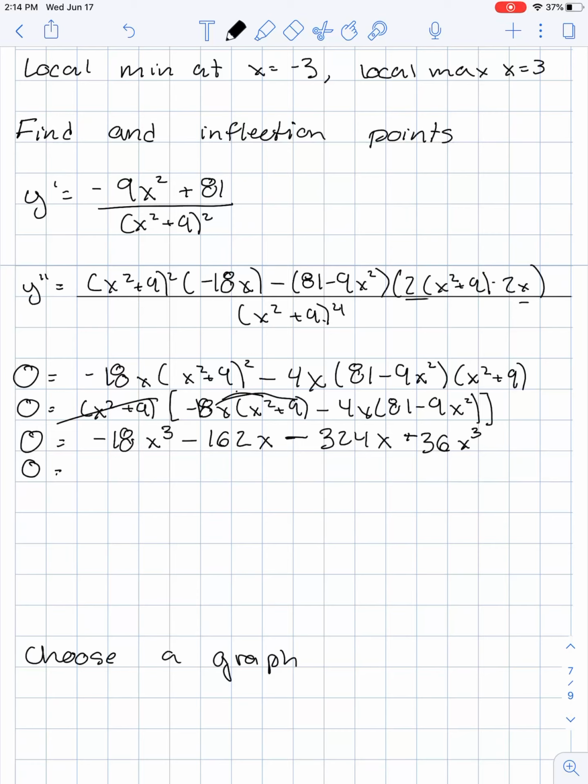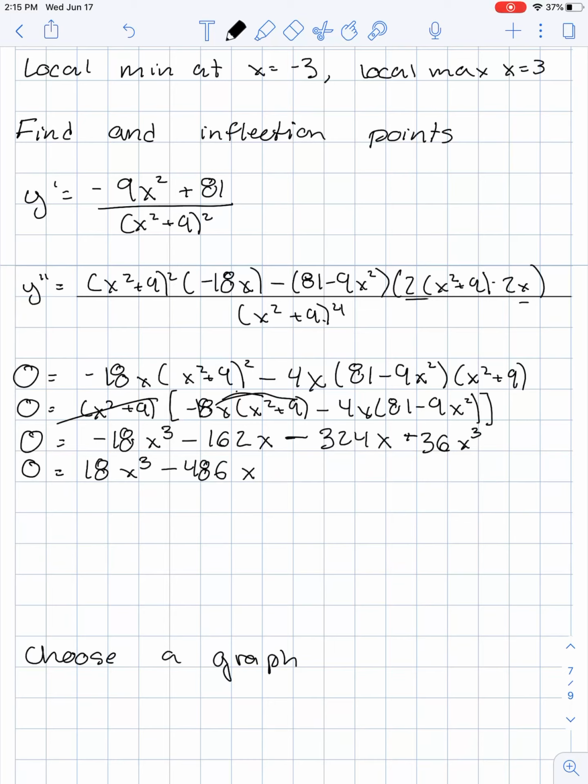Okay, now to combine like terms. So 18x cubed, and 162 minus 324 is going to be minus 486x.